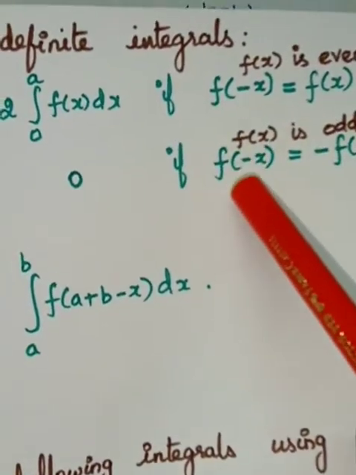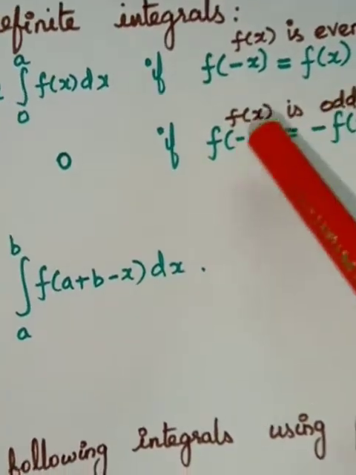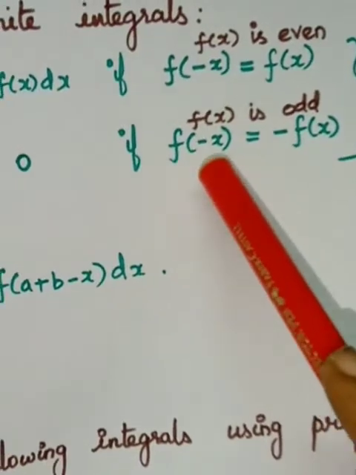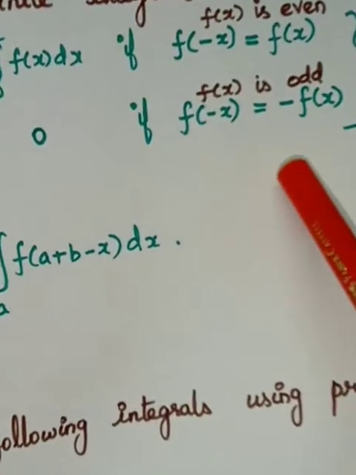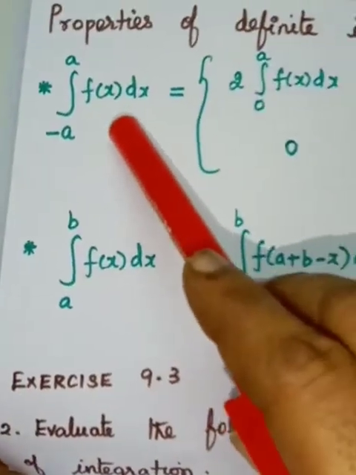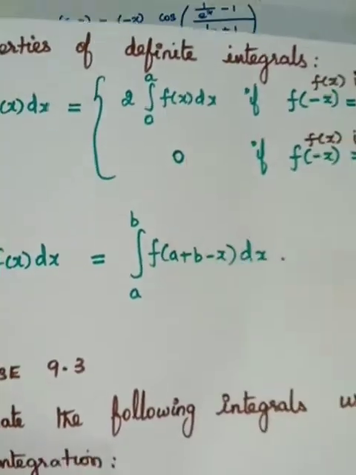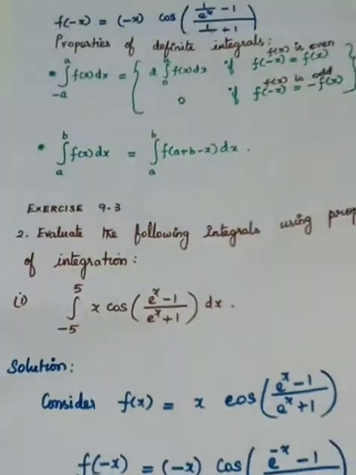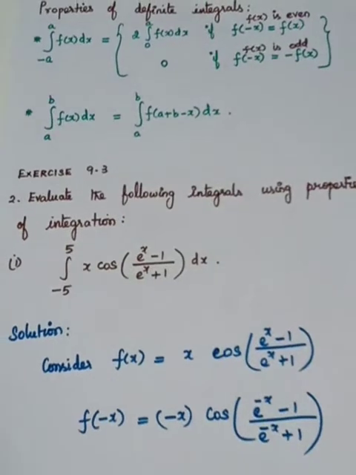And if f of x is odd, that is f of minus x is equal to minus f of x, then the integral value is 0.